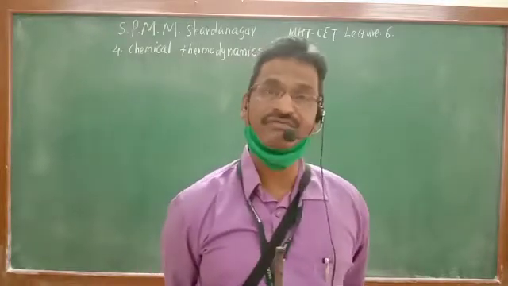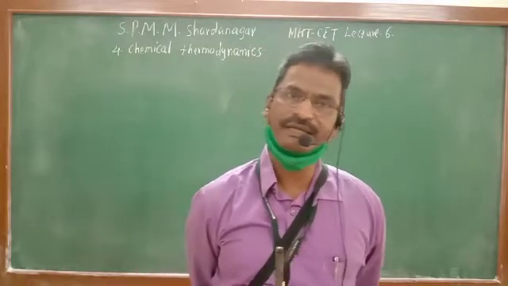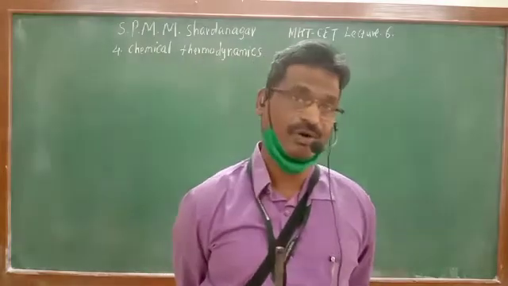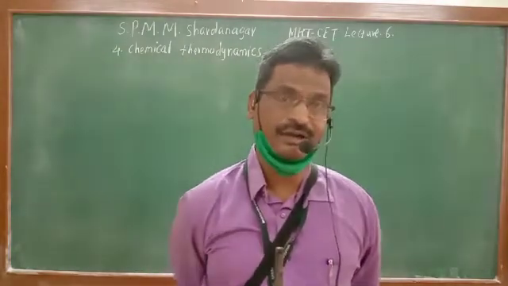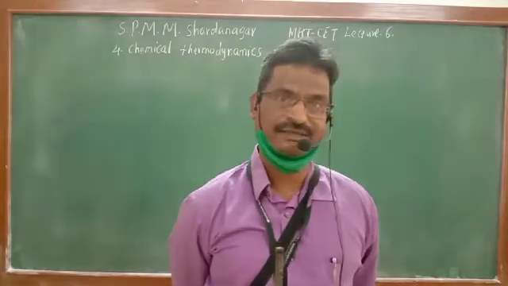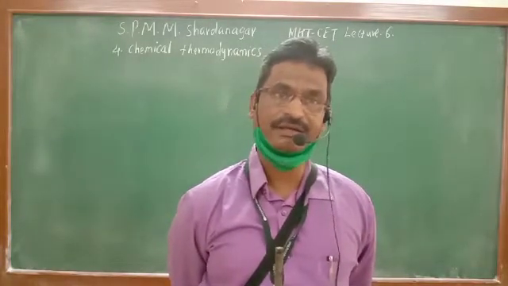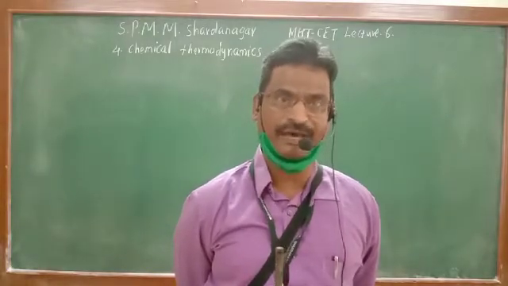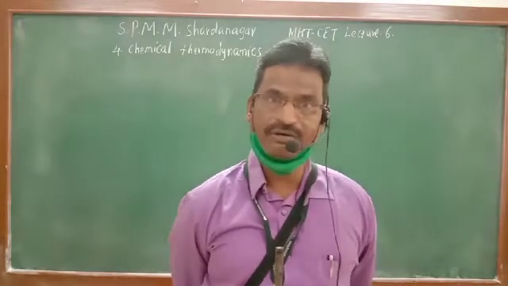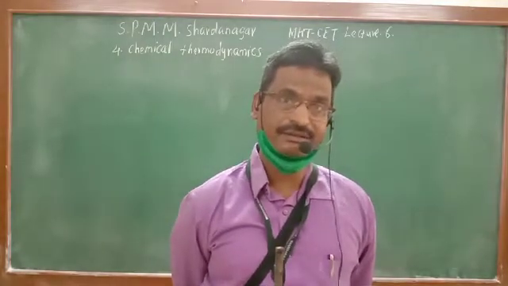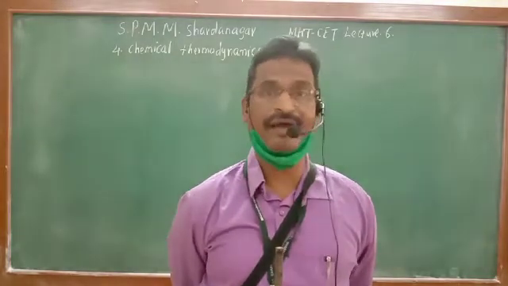In lecture number 5, we have seen the concept of maximum work, the expression for maximum work done during a reversible isothermal process, and then multiple choice questions based on the expression of W max. The important point we studied there is how to calculate the approximate answer.